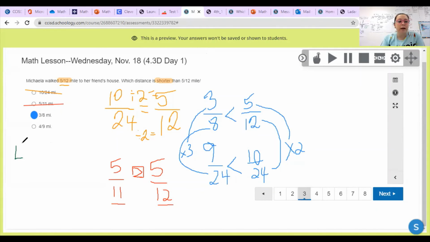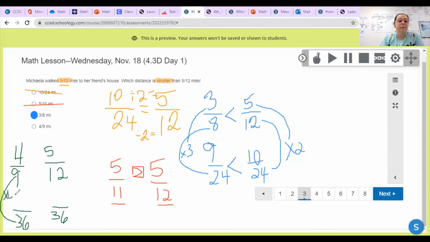So with 4/9 and 5/12, the first multiple that I can think of that these have in common would be 36. So if I do 36 as my denominator here and 36 as my denominator here, then I know that 9 times 4 equals 36.